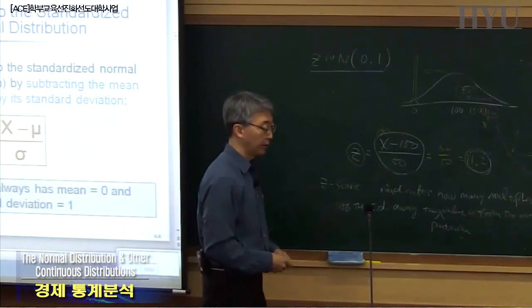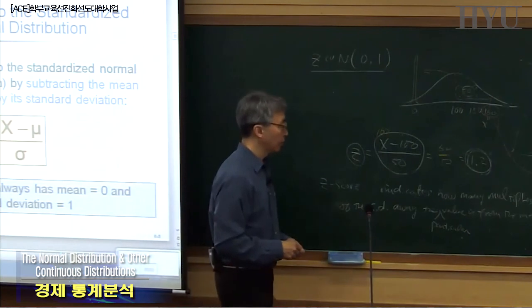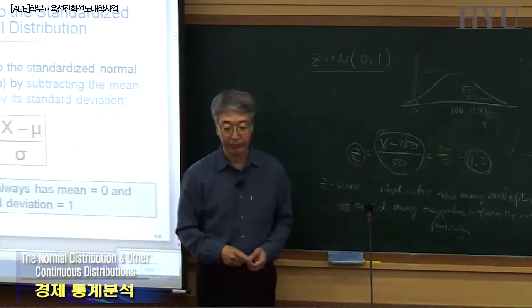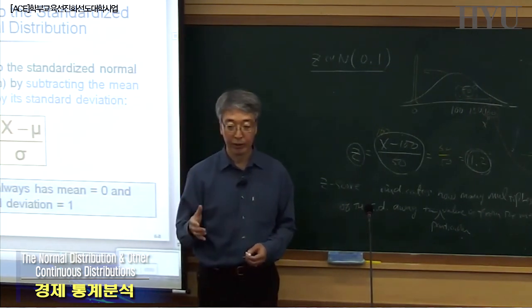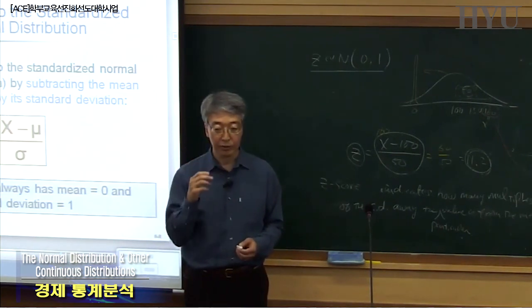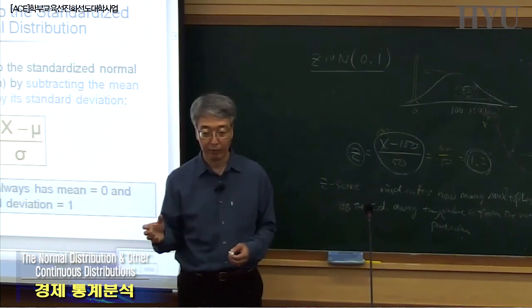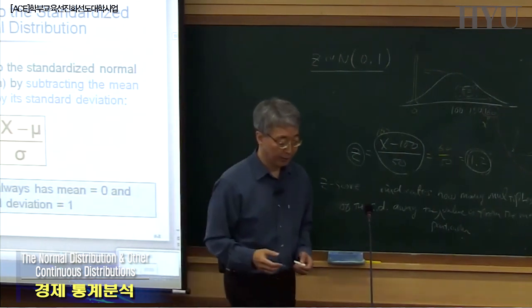Okay? That's what z-score is about. It just tells you, if the z-score comes out to be 2.5, that means whatever the number is, it could be 2,500 or whatever, it is 2.5 times the standard deviation away from the mean. Okay?